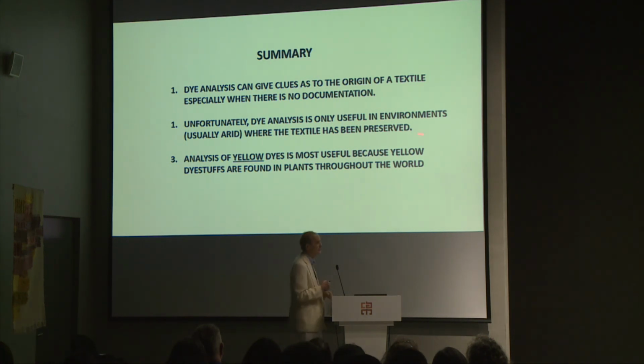And as I said at the beginning, our sampling is limited by where you can get samples, and that tends to be in arid areas. Maybe it's just my personal feeling about this, but I think you can get more information from yellow dyes about location than you can from some of the others.